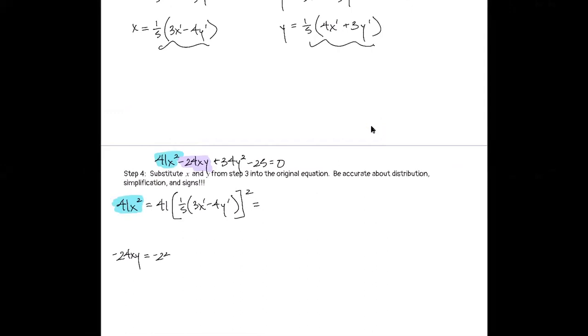So negative 24 times 1/5 (3x prime minus 4y prime) times 1/5 (4x prime plus 3y prime). Then I'm going to simplify across, and do the same thing for the 34y squared. The 25, I don't have to do anything with. I can just leave it, okay?